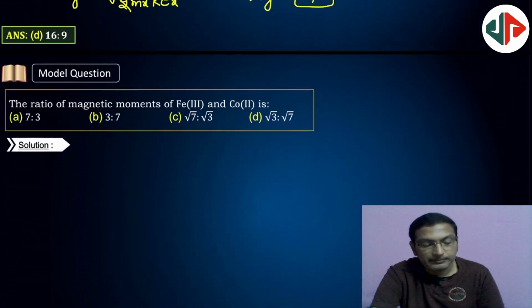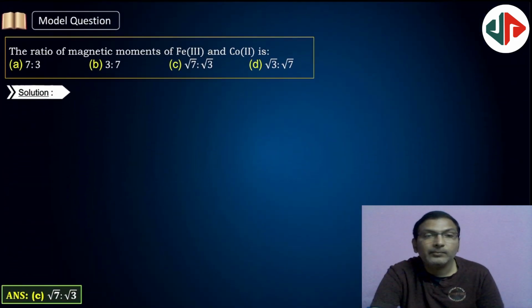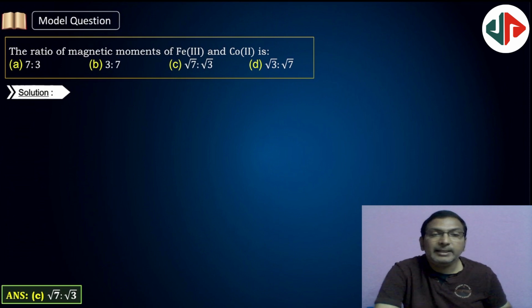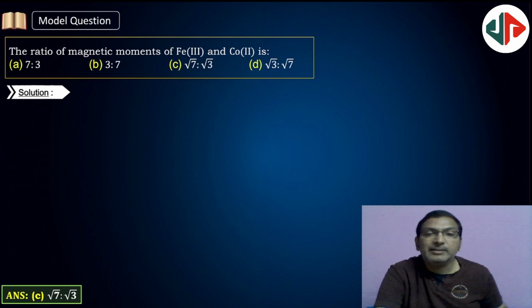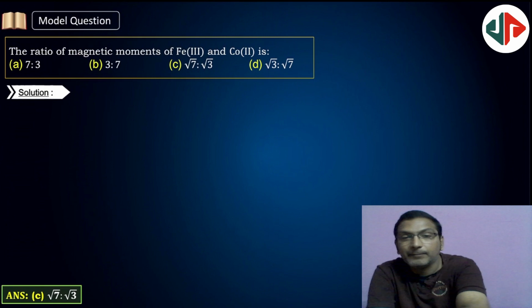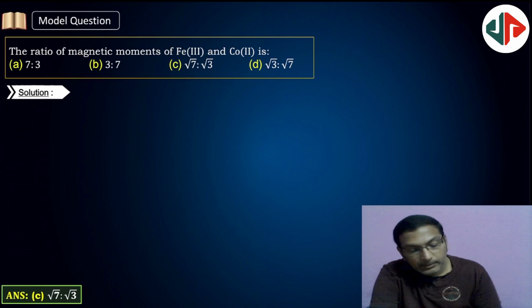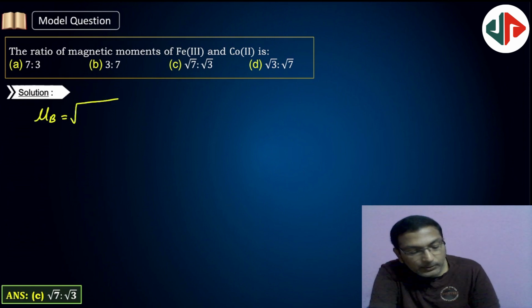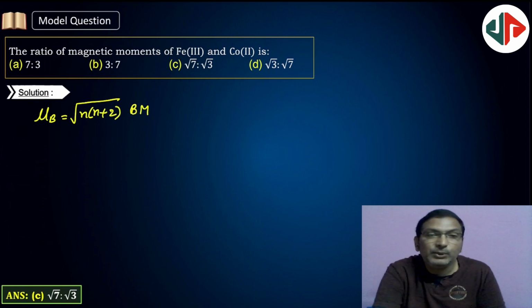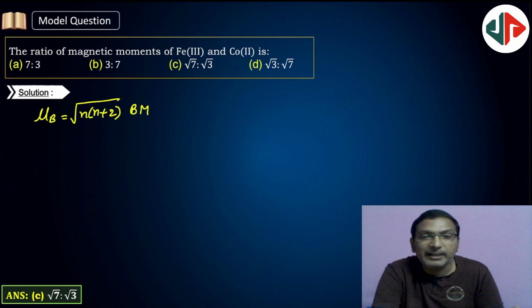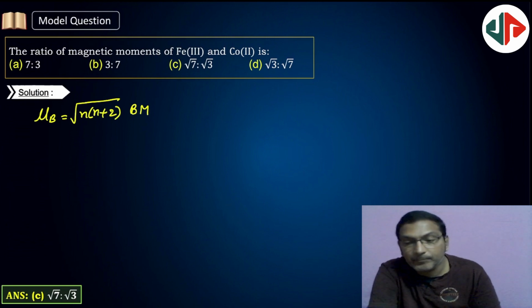Next one. Ratio of magnetic moments of Fe3+ and Co2+ is. So we know magnetic moment formula, mu equal to root of n into n plus 2 BM, which is unit of magnetic moment, Bohr magneton. BM is Bohr magneton.